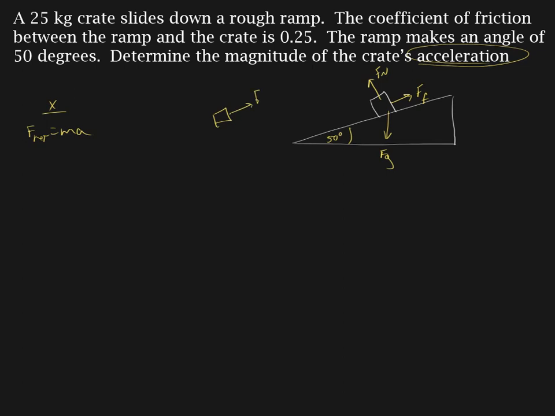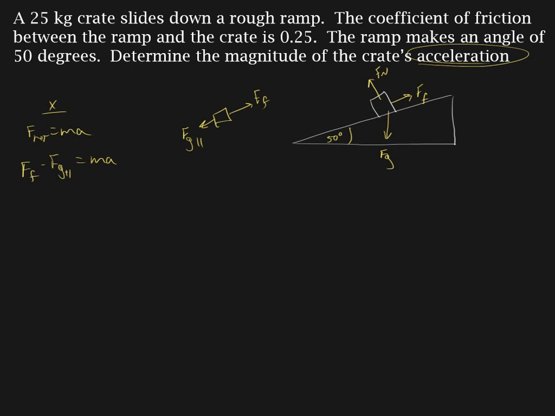We've got friction pointing this way, and then we have FG parallel pointing that way. So we have F friction minus FG parallel is equal to ma, and we need to redefine our variables in terms of what we know.